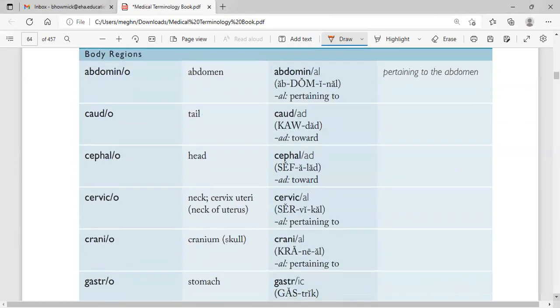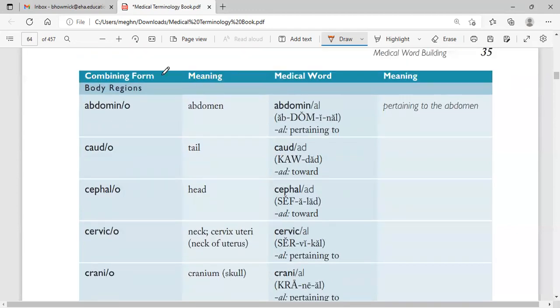So here are a few combining forms, body region. Abdomen: abdomino means abdomen, like abdominal or abdominoperitoneal. Caudo means tail, caudal, toward the tail.